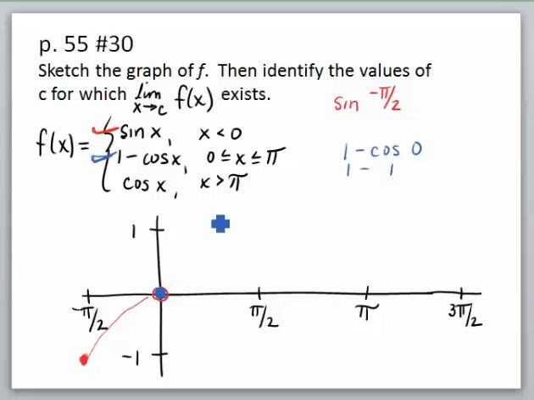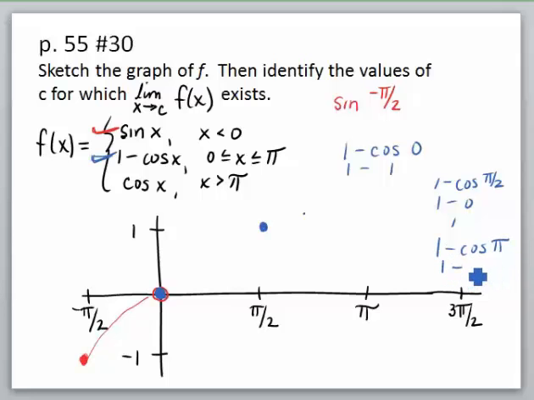From there, I'm going to plug in pi over 2. So 1 minus cosine of pi over 2. The cosine of pi over 2 is 0, and 1 minus 0 is 1. So it's coming up here. Then at pi, 1 minus cosine of pi.